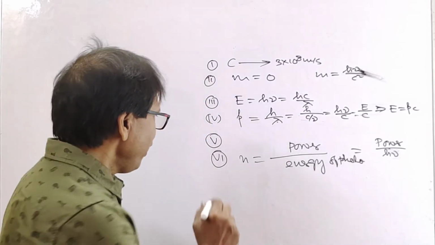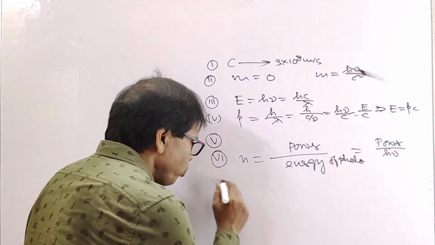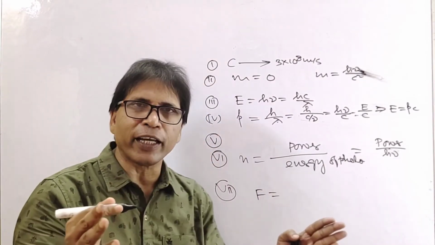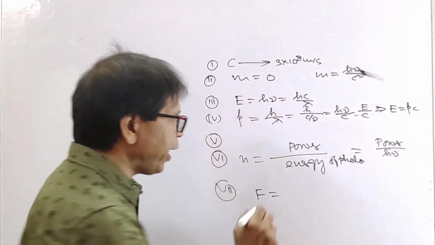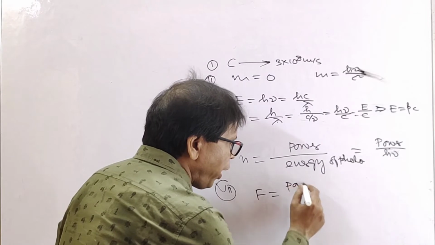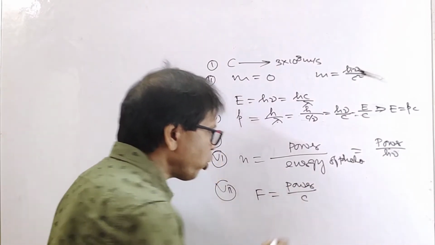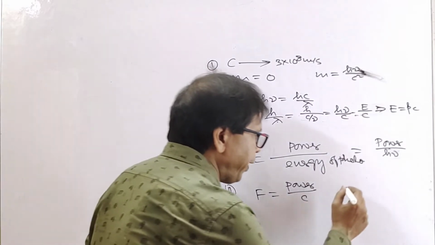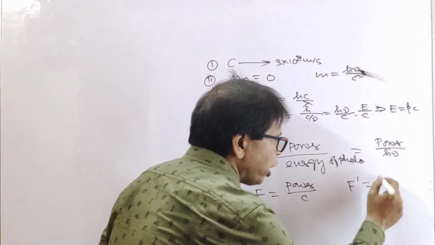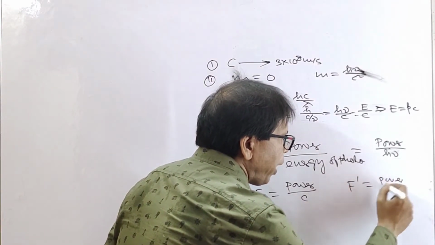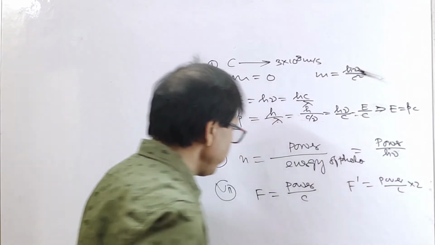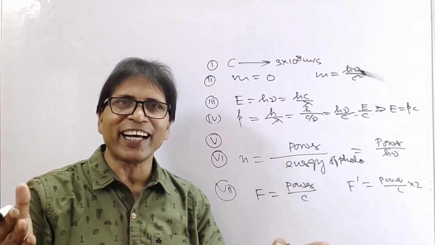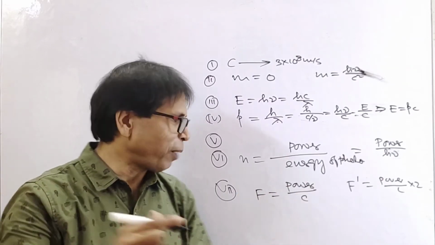Okay. Number 7. Photon exerts force on a material particle. The force is equal to power by c for a completely absorbing surface. For a completely reflecting surface, this is power by c into 2. And last point, the photon exerts pressure on the material particle.